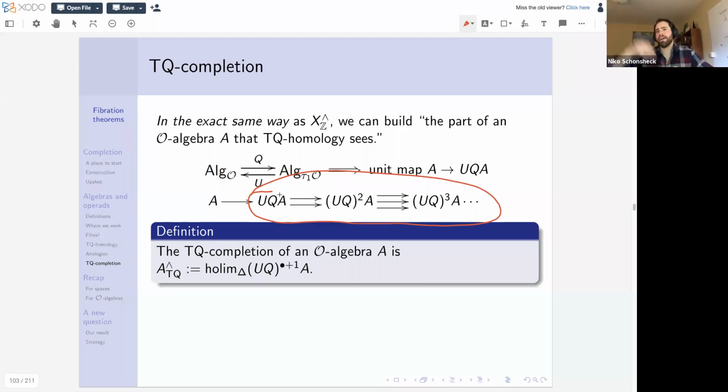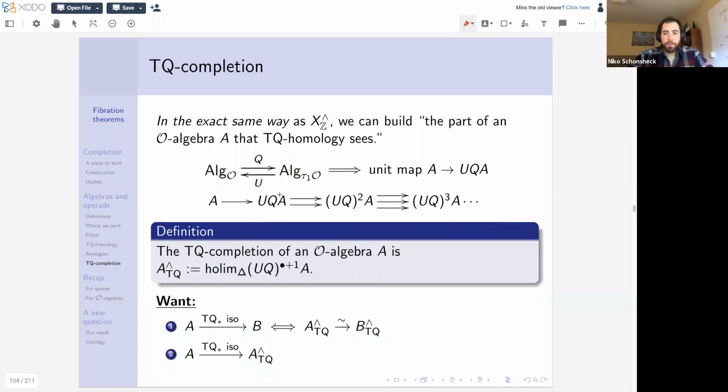You're killing off the higher algebraic structure. But the answer is I'm not sure. Right. I'm a little confused about the comparison between these two things, because I think in general that gadget isn't going to be an algebra and might just be some sort of module spectrum of some kind. I'm actually not sure, but like I said, I don't know. It's a question I'd like to certainly think about more in the future.